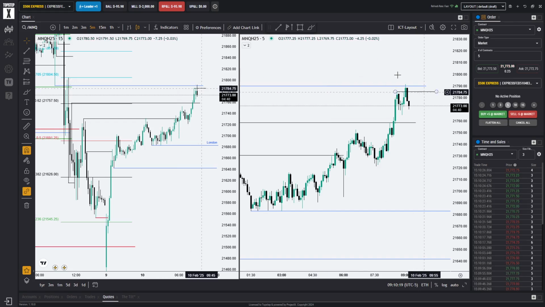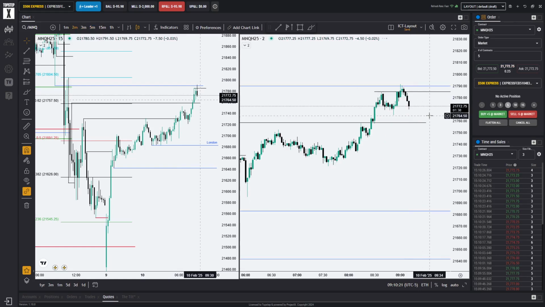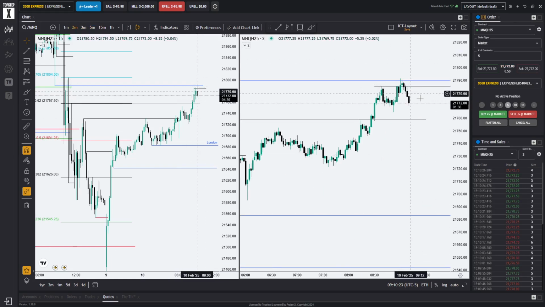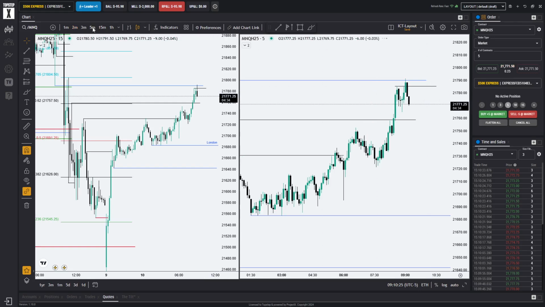Let me just switch to 2 minutes, actually, let's skip 5 first. I'll switch to 2 minutes on my left monitor. I have to organize this in a way that you'll be able to see both monitors, but I need to set this up properly. At the moment, I think it's more important that you just see what I trade.